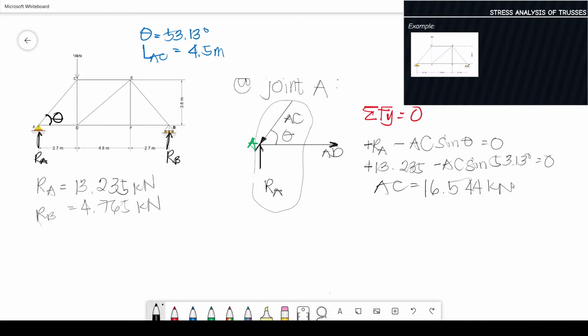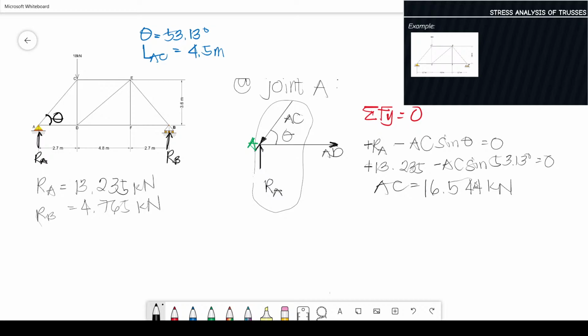It is also equal to 16.544 kilonewton. So let's try to use sine, that is 3.6 over 4.5. Same. So if you will use 3.6 over 4.5 in here, you will get the same answer. That is 16.54375.